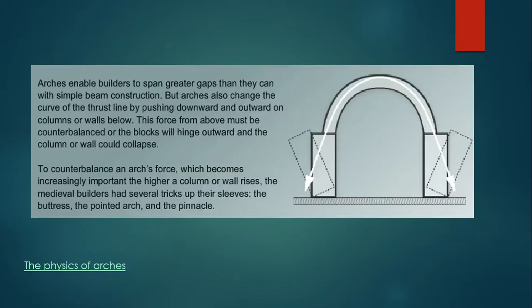So that has a tendency to make those columns want to be forced outward, and that means we could actually have the structure collapse. So what I'd like to show you is a simulation so that you can see what happens as we try to make the columns grow taller and taller, and how the physics of the arch can actually cause this to be an unstable structure.